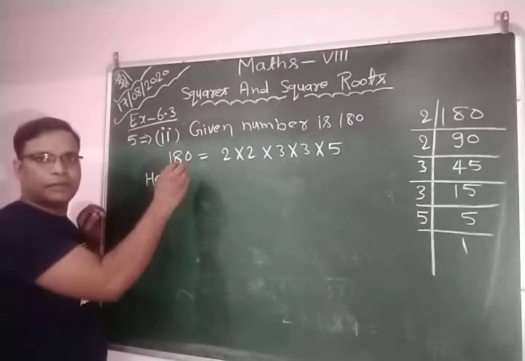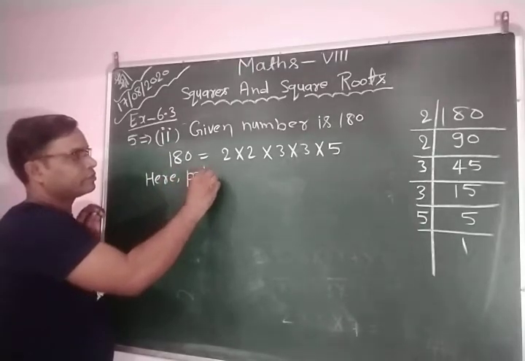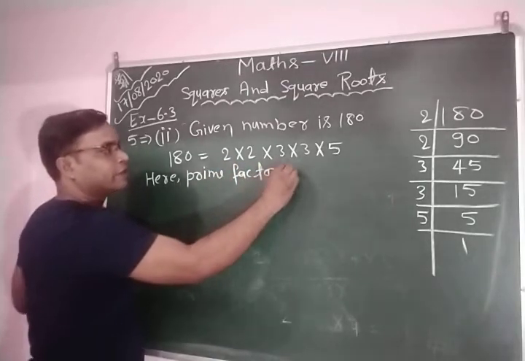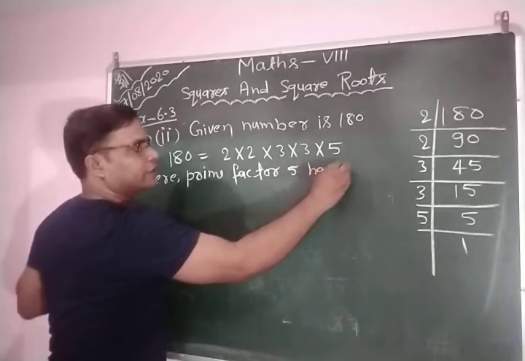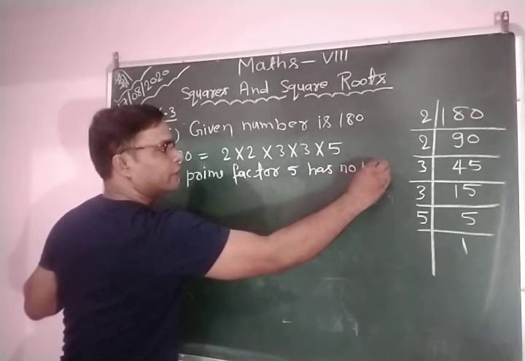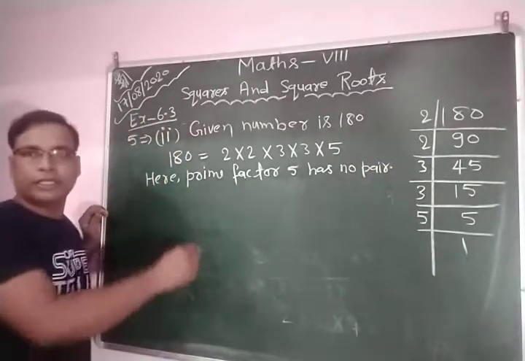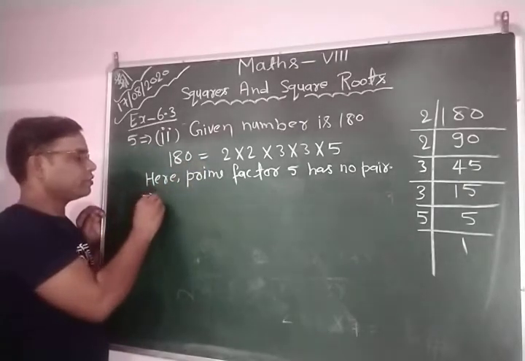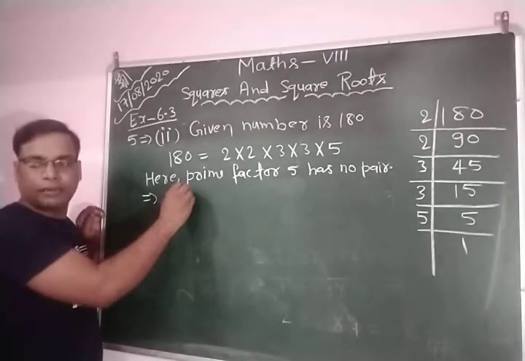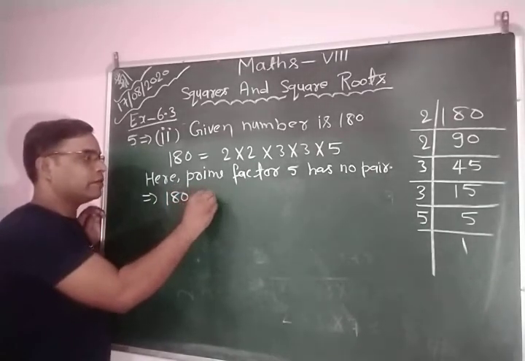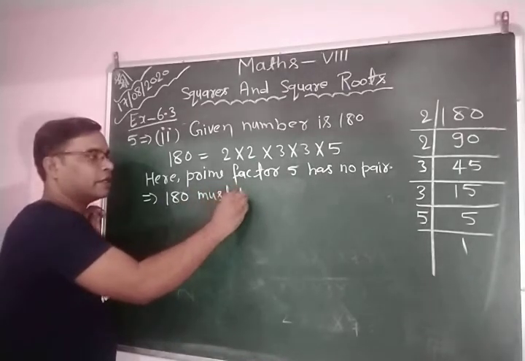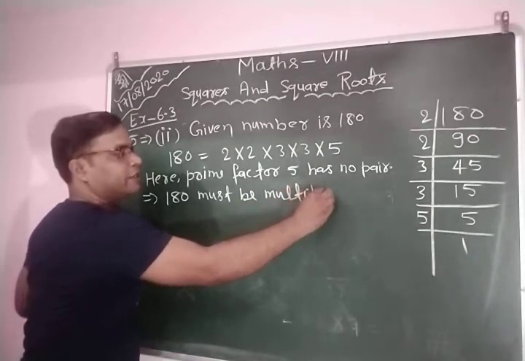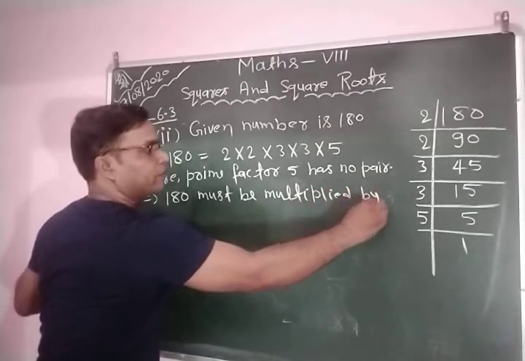Here the prime factor 5 has no pair. Therefore 180 must be multiplied by 5 to make it a perfect square number.